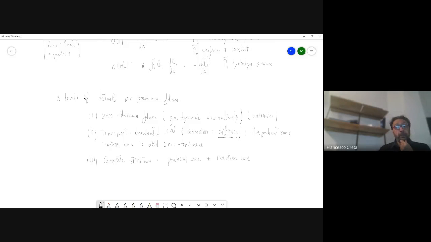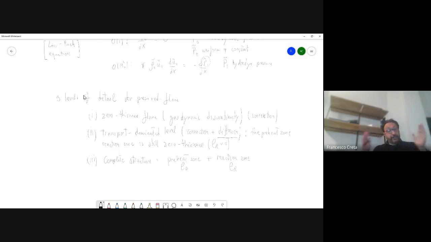Both of them will be of finite thickness. In particular, this will have a thickness we're going to call LD, and this will have a thickness LR. So in the previous case, LR is essentially zero.